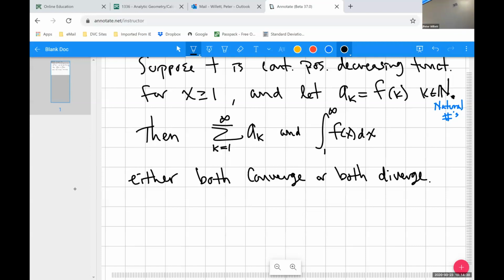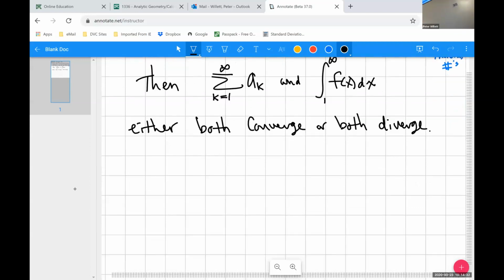So let's look at some examples to try to understand what this says. We are regularly working with the terms of a series and then treating those terms like they're a normal continuous function, like taking the limit as k goes to infinity or something like that.